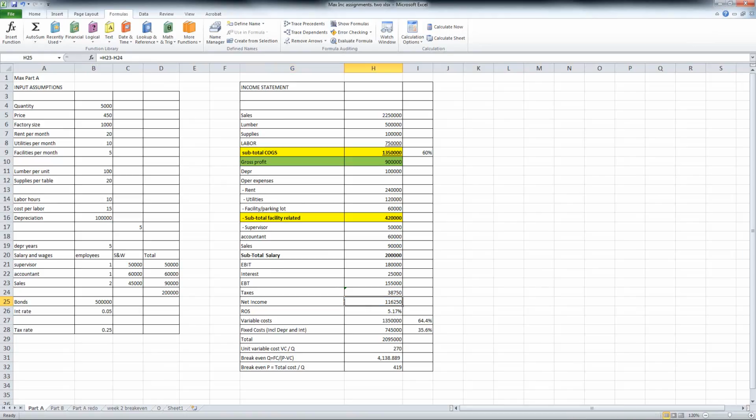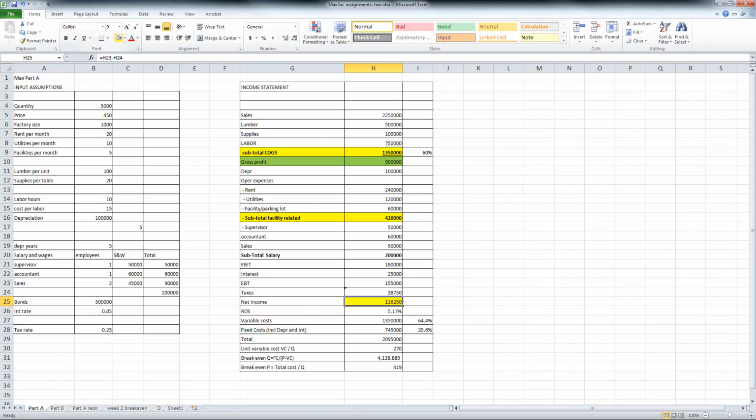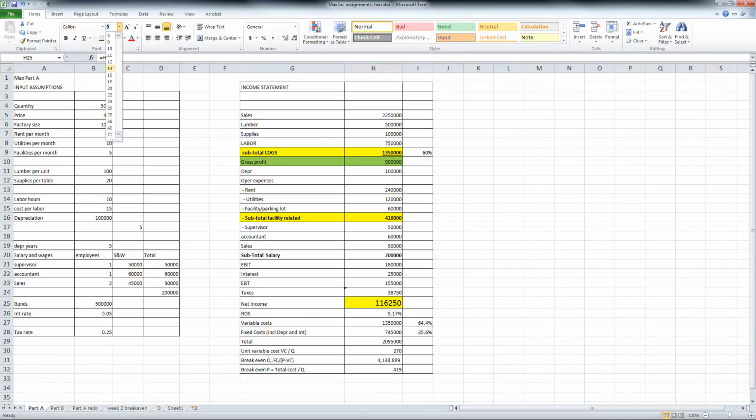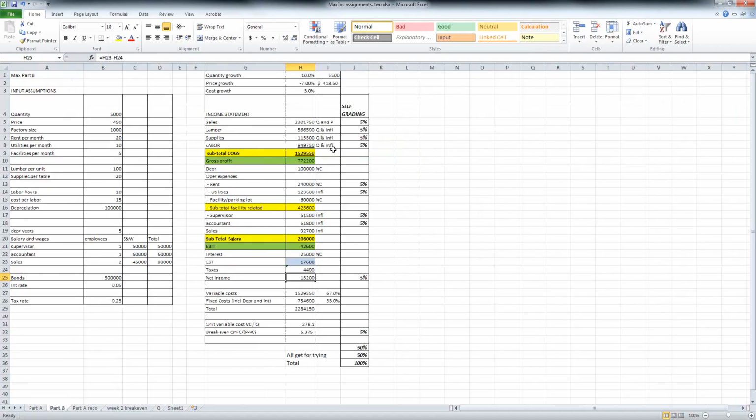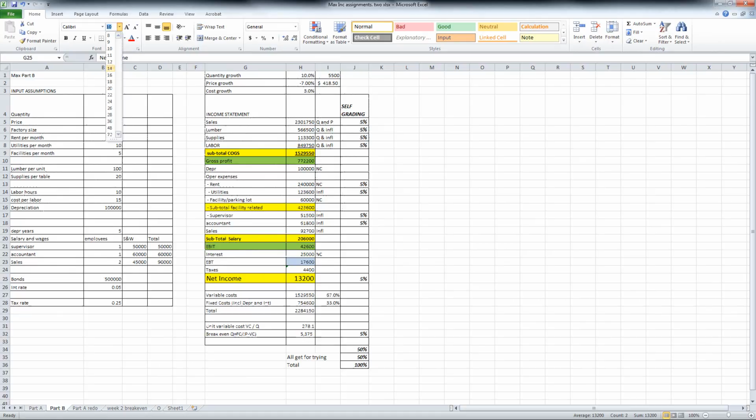Whereas now, if I make it a little bit bigger so you can see it, even though we're selling more pieces, we're selling it for less price, and our net income is lower. Whereas before it was 116,000, now it is only 13,200.